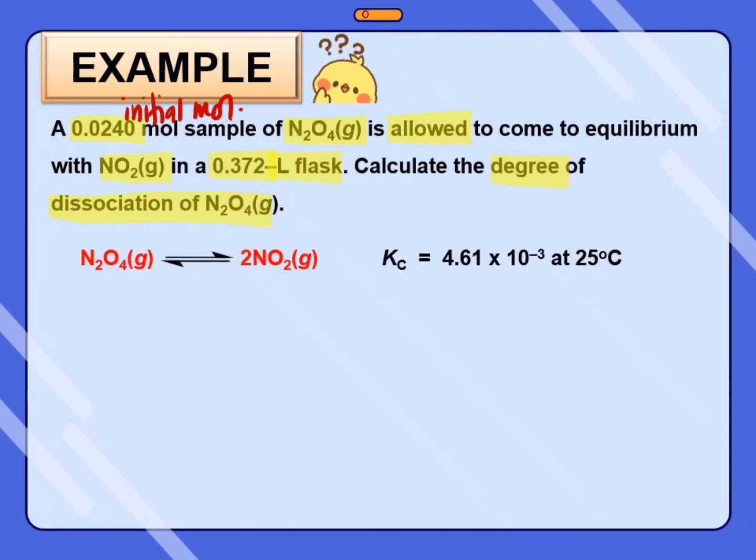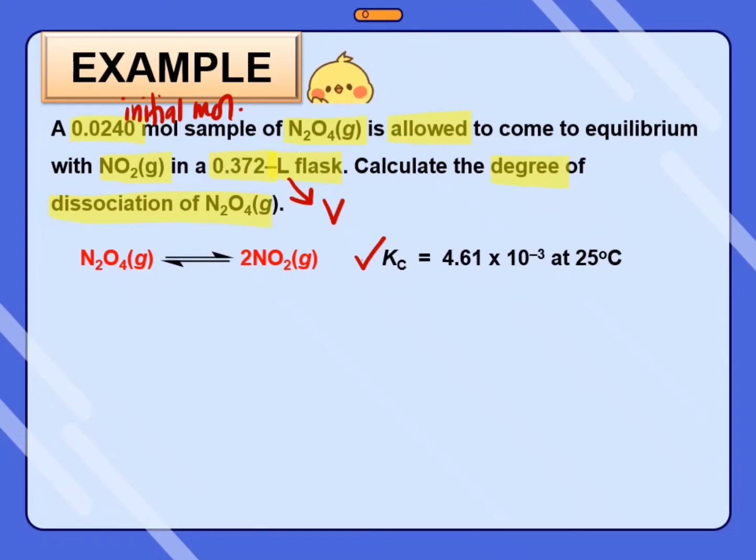And then you have the volume of this system. And also we have the value of Kc for this reaction. Usually you calculate Kc, but now we have the value of Kc. Why? We will see after this. So we have the moles, we have the volume. So what we can calculate here is the concentration.